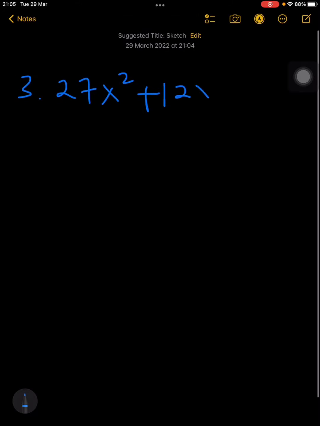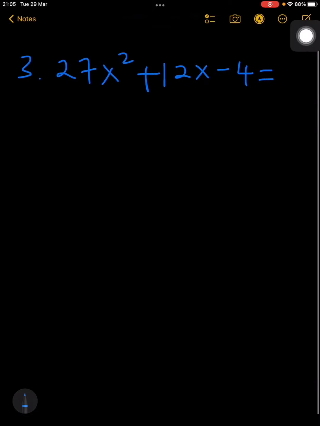Example number 3, 27x squared plus 12x minus 4 is equals to 0.